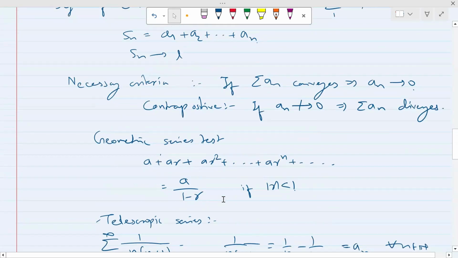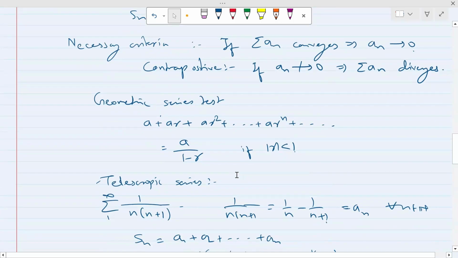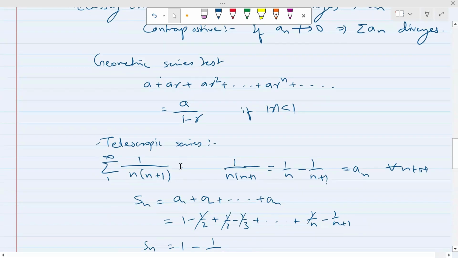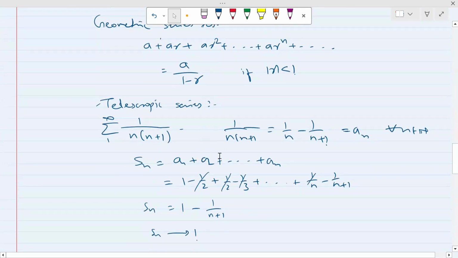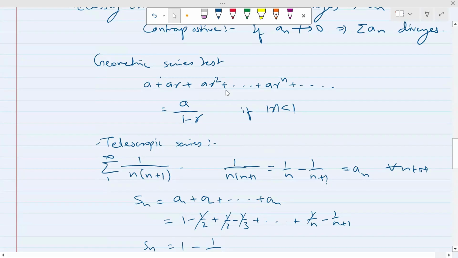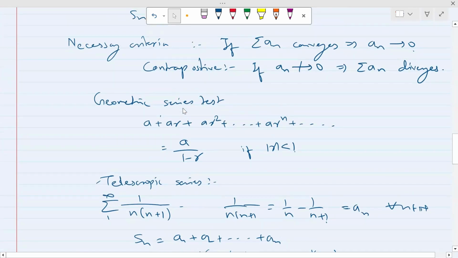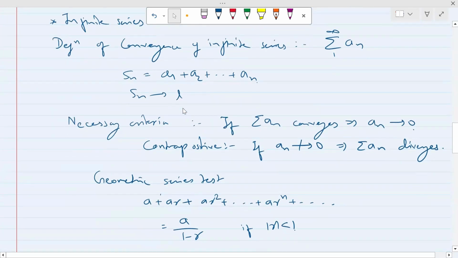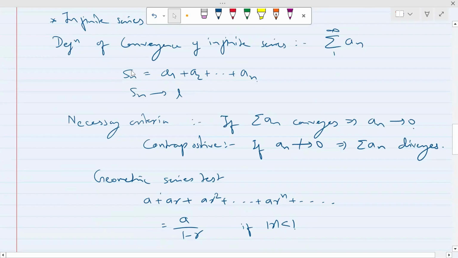In rare cases, if we want to find the sum of an infinite series, then we have only two tests in our hand. One is the geometric series test, another is the telescoping series. If the series is of the telescoping kind, then we can find the actual sum of that series. And if the series is geometric, then we can find the actual sum. Or possibly we can compute the sequence of partial sums and its limit.